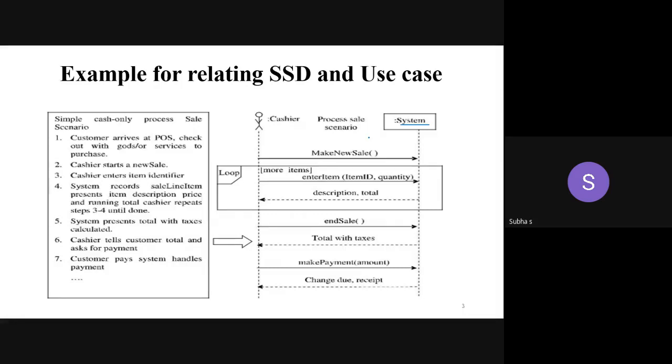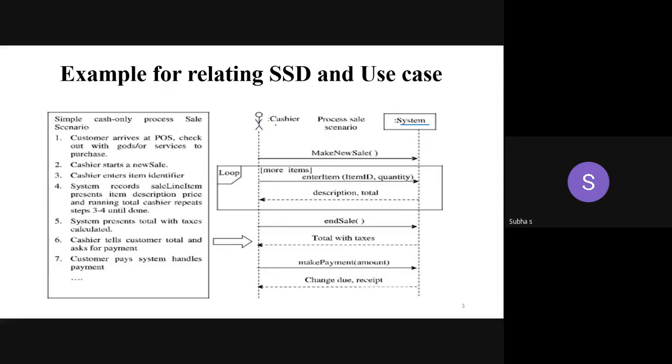Then they enter the quantity, and automatically it will calculate the total. Like that it will do for many items. Finally, the grand total will be displayed. After that, the cashier will give the bill, and the customer will pay the amount. The same normal procedure. For this, how are we going to draw the diagram?